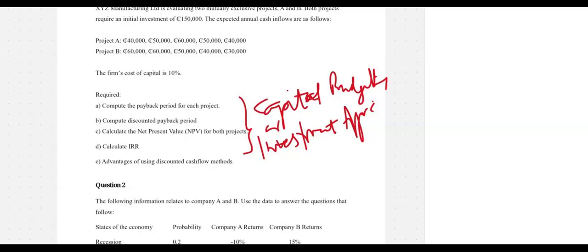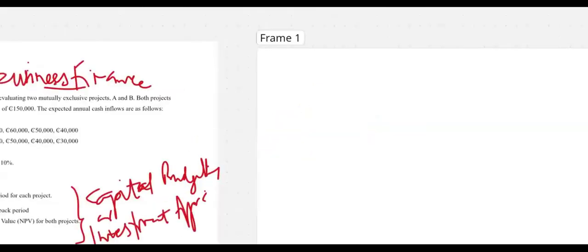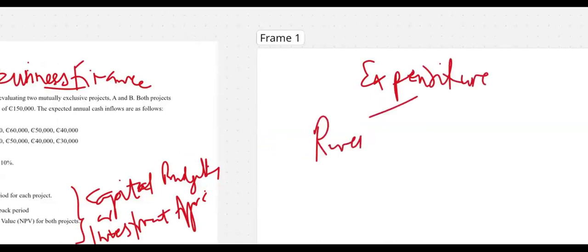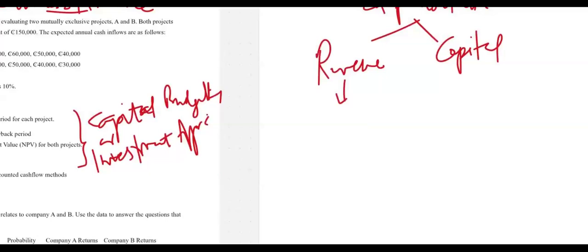So we have what is called capital expenditure. In terms of expenditure, we have revenue expenditure and capital expenditure. Revenue expenditure is for day-to-day operations.